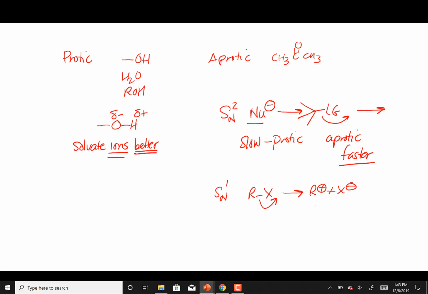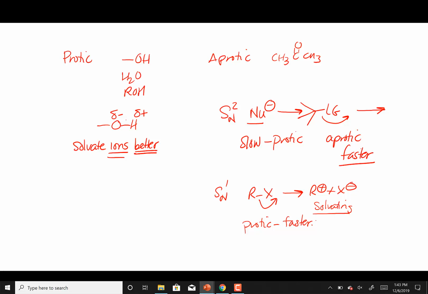Yes, because solvating the products does what? Makes them more stable. And if I make the products more stable, there's a whole Hammond's postulate that lowers the transition state and makes the reaction go faster. So in this case, the protic will make an SN1 reaction go faster.